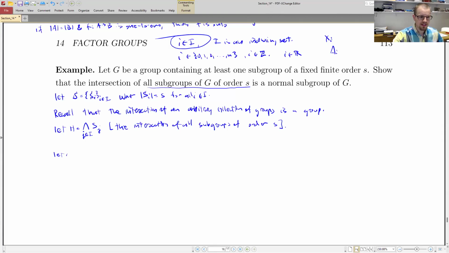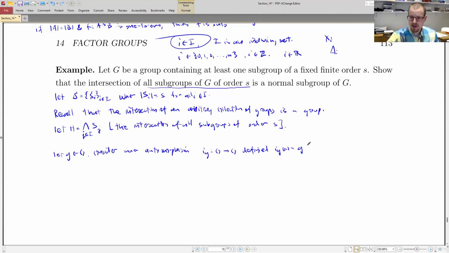I want to let G be an element of the group G and consider the inner automorphism given by I sub G, a function from G to G. This is not a new definition, I'm just using the same definition for inner automorphism. Defined by I sub G of X is G times X times G inverse.